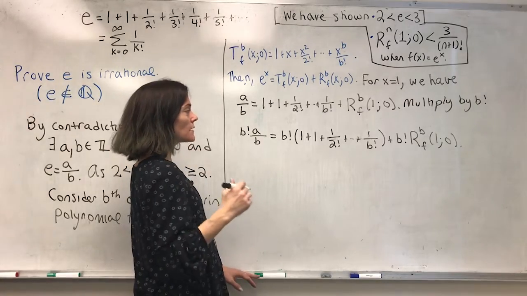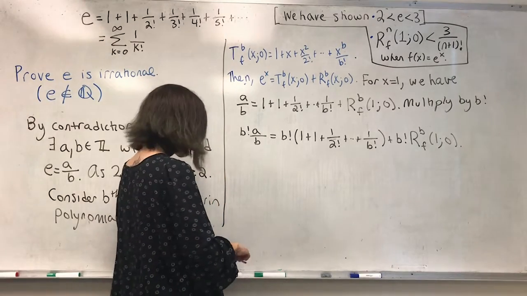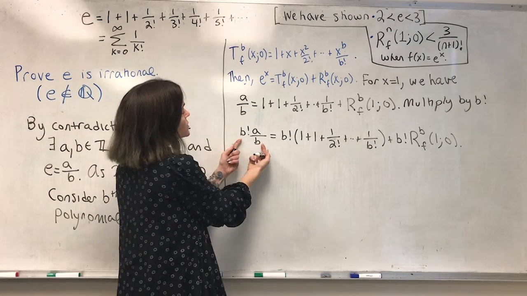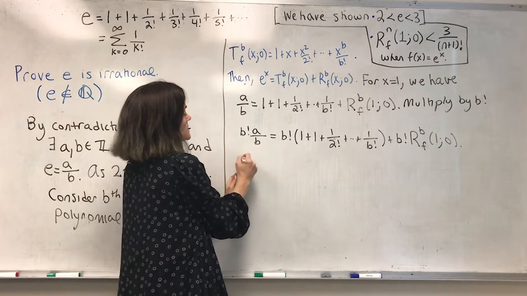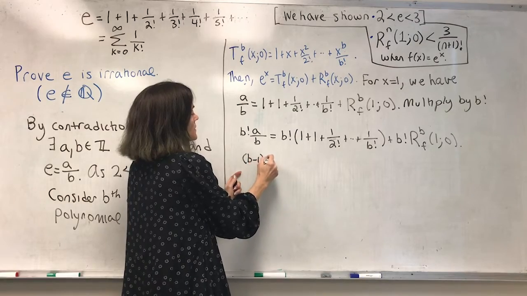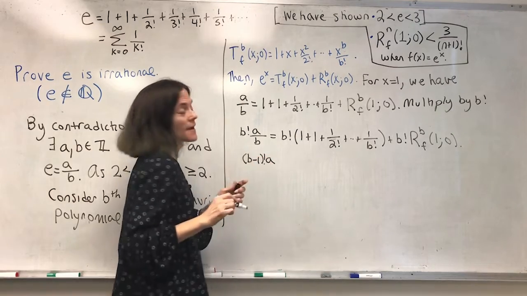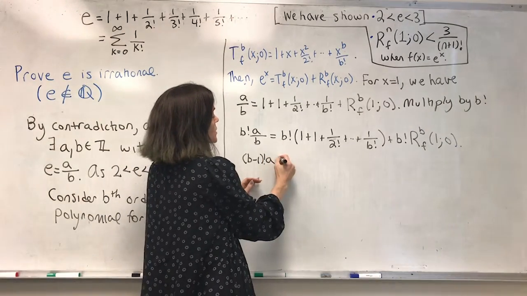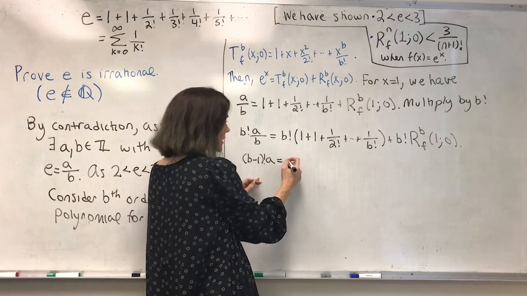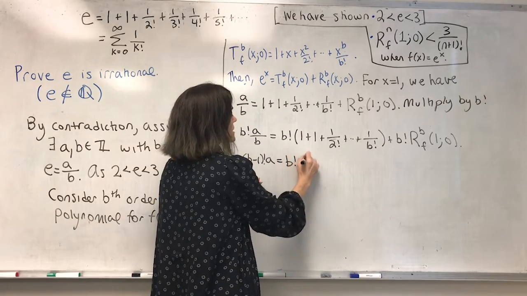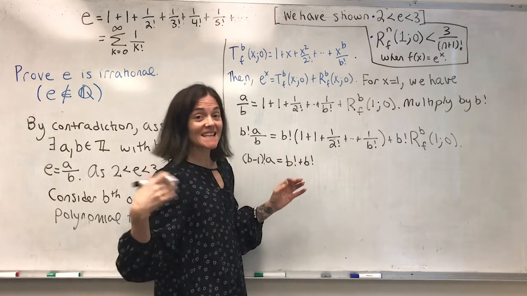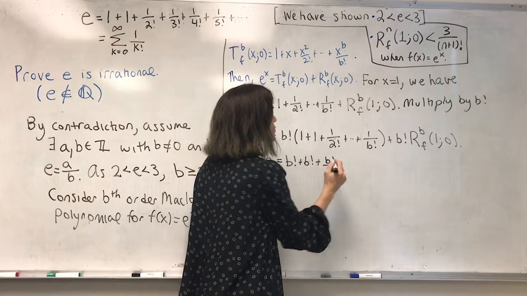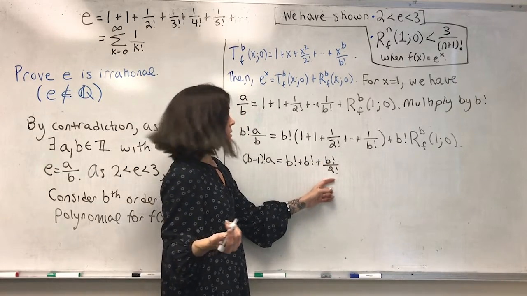Then we need to make an observation. And this is quite an important one. First of all, this here, we see this is b minus 1 factorial times a. That's the left-hand side. But something similar happens when you distribute. So the first term here, it's b factorial plus b factorial. When you get to the next term, it's b factorial over 2 factorial. But this is an integer, right?